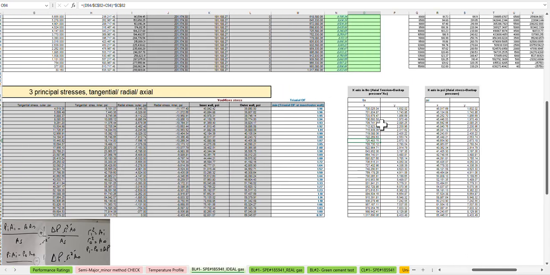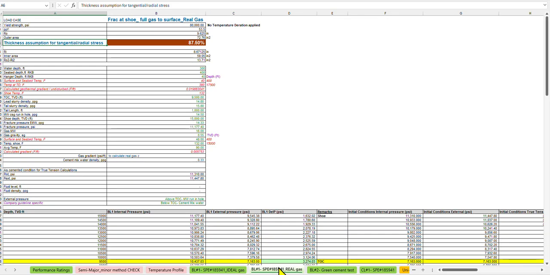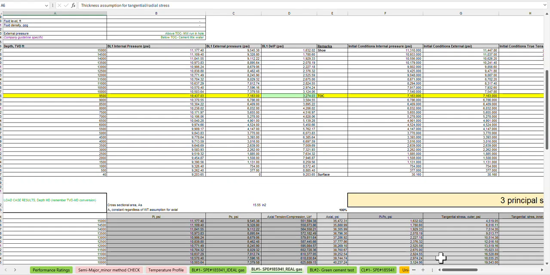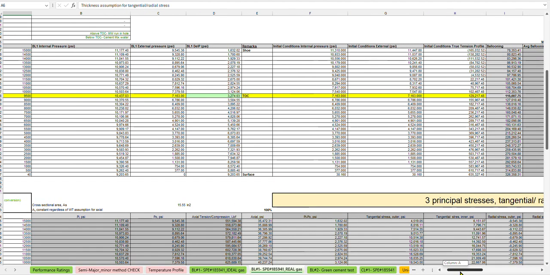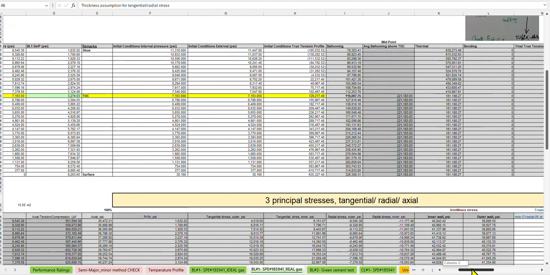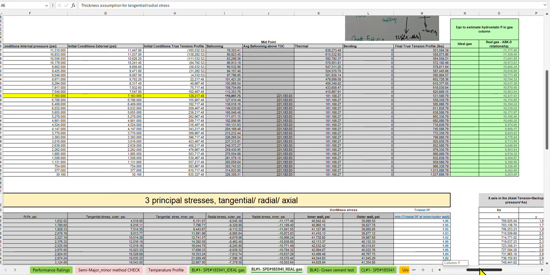So that's how we come up with the values of the burst load case calculated with the ideal gas assumption. Now in the real gas assumption, we have exactly the same temperatures and ballooning temperature remains the same.